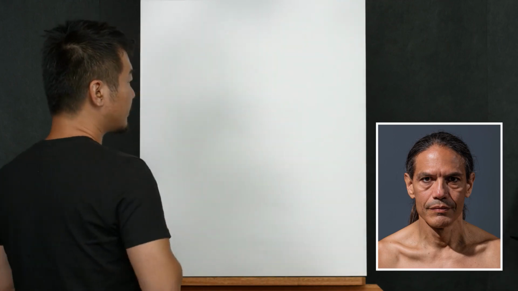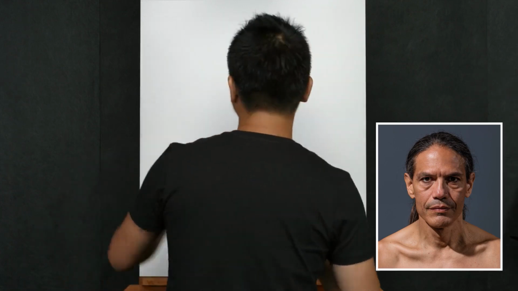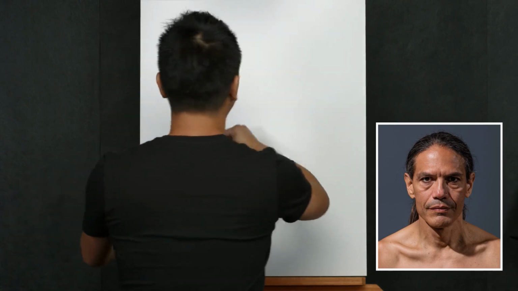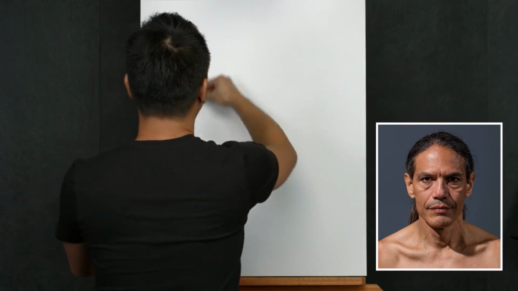Looking at this model, he's very structural, which is good for what we're going to do, and he also has a very narrow face and very deep eye sockets.